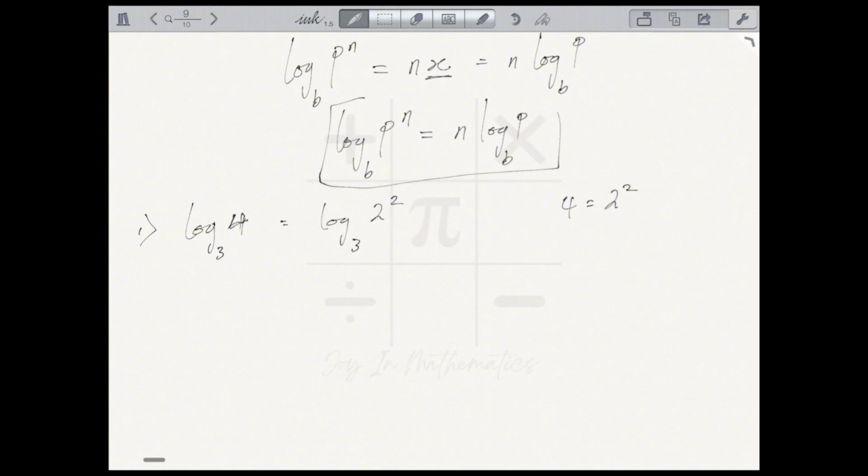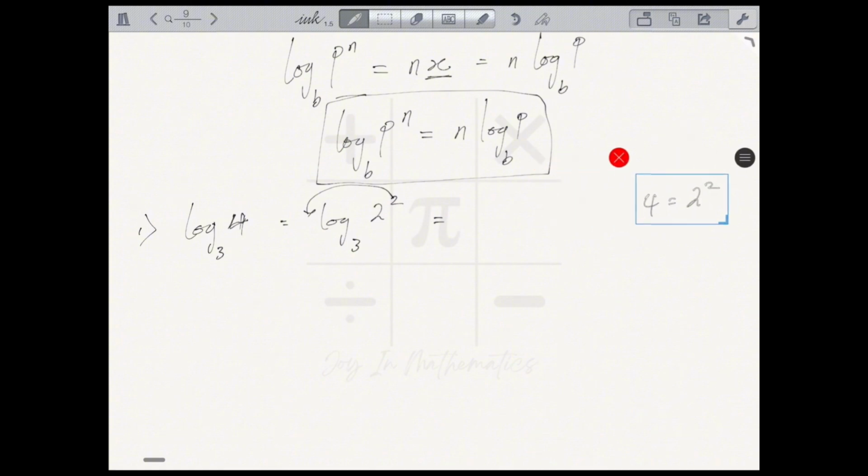If we apply the power law of logarithm, the 2 here is equivalent to n, the 2 here is the same thing as the p, and 3 is the same thing as the b. If you apply this, our 2 becomes a scalar multiplier, and this results in 2 log 2 to base 3.